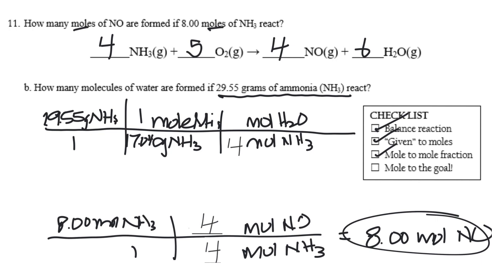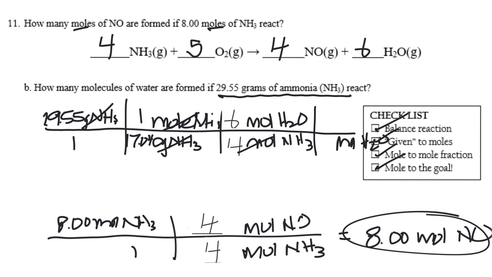And then I want to get to moles of water. I'm going to use my coefficient here. 6 goes to the top. So now I can cancel these units. I've done my mole to mole fraction. And then my last relationship, mole to the goal, mole of water comes down.